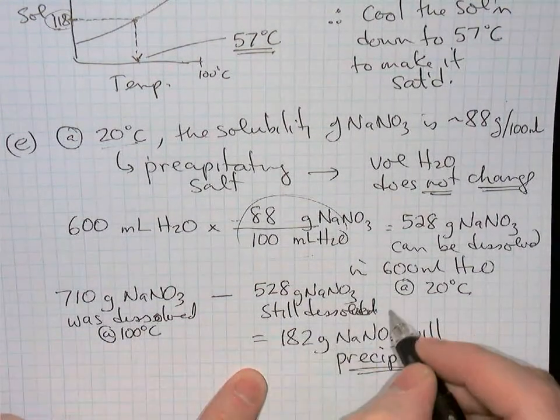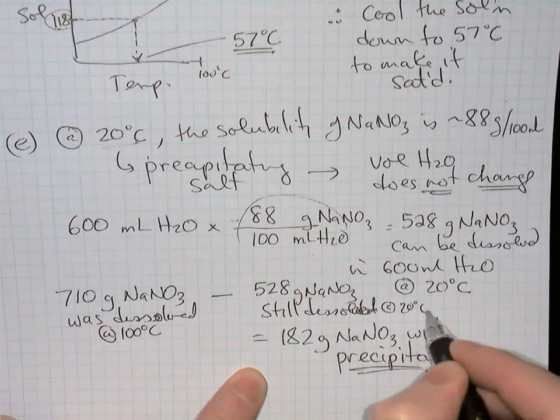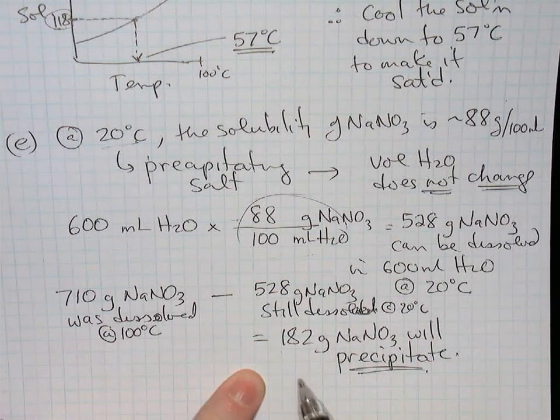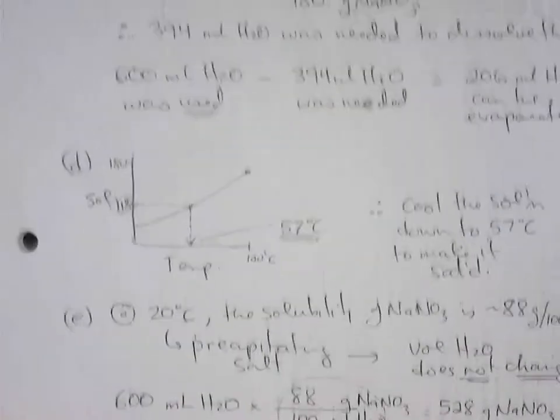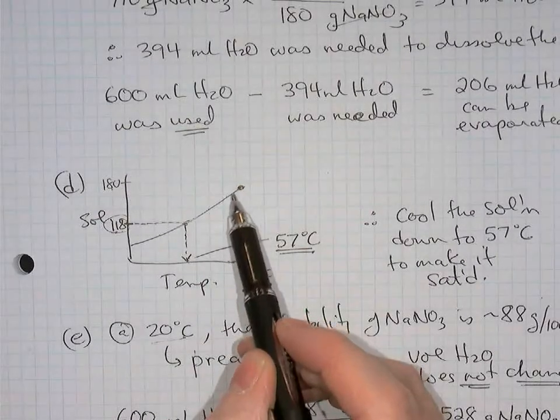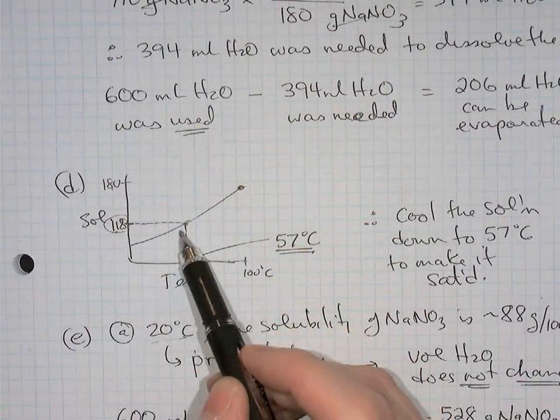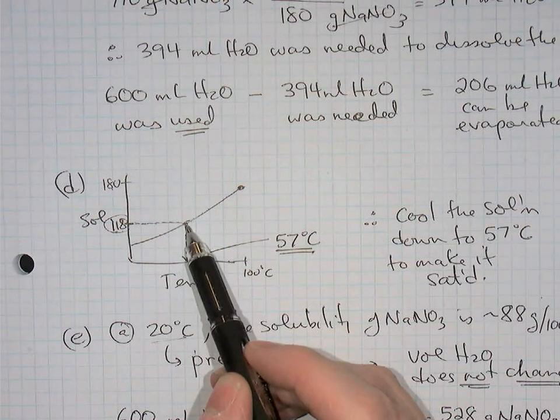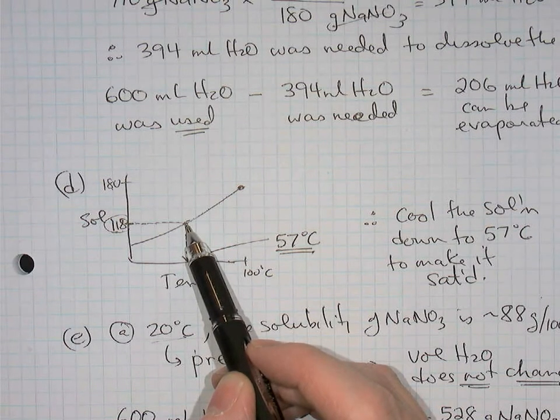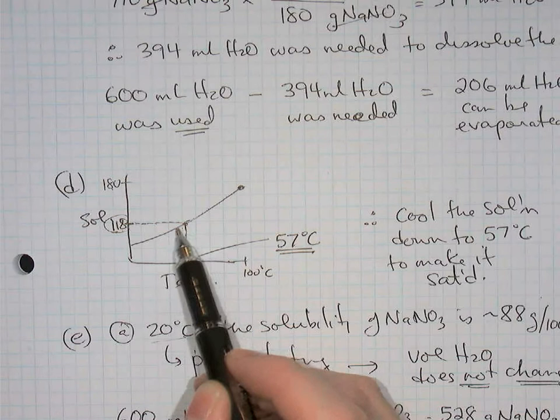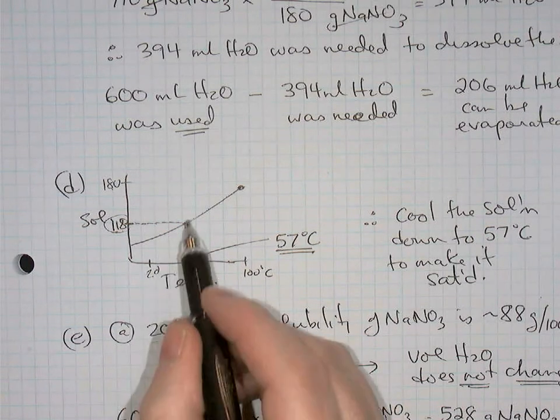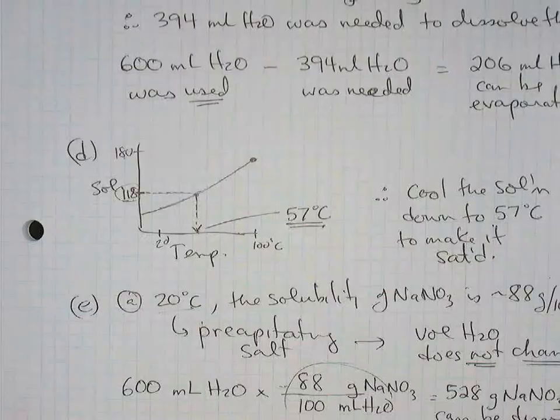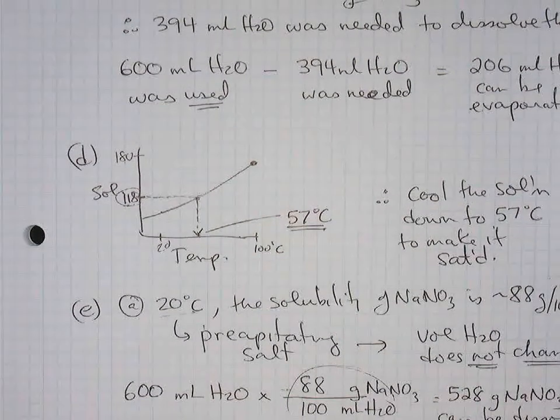This is how much is still dissolved at 20 degrees Celsius, and so the difference is what was precipitating as you cooled it down. Now that precipitation would not have started until your temperature reached 57 degrees. Once the temperature reached 57, the solution was saturated, so when you cooled it below that all the way down to 20 degrees Celsius, 182 grams had precipitated.